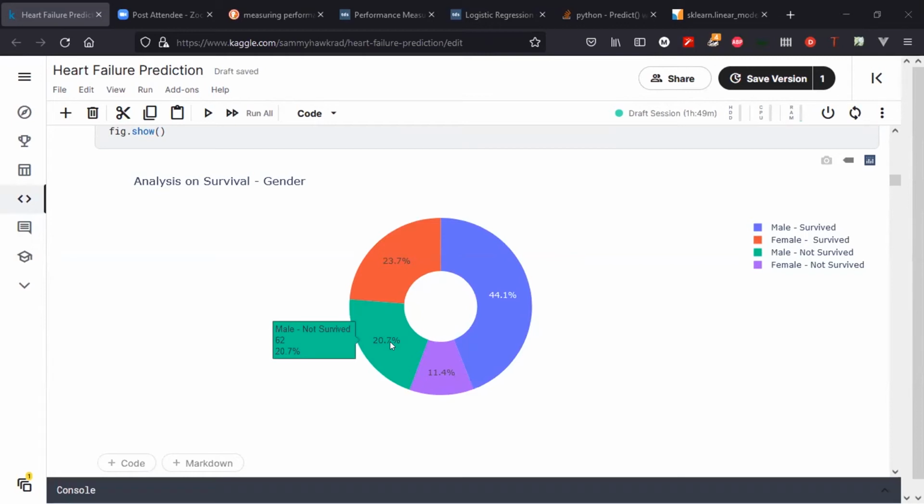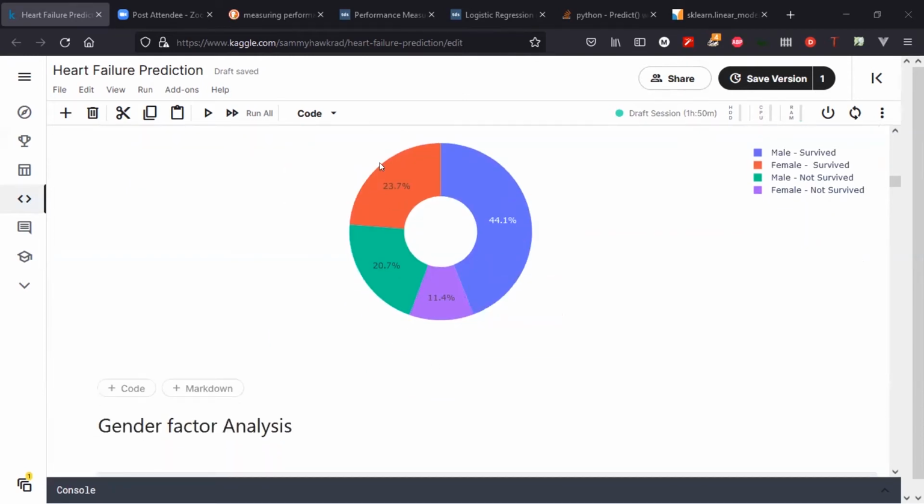For females, 71 survived, representing 23.7% of the entire data, and 34 of them died. So about 70% of women survived.